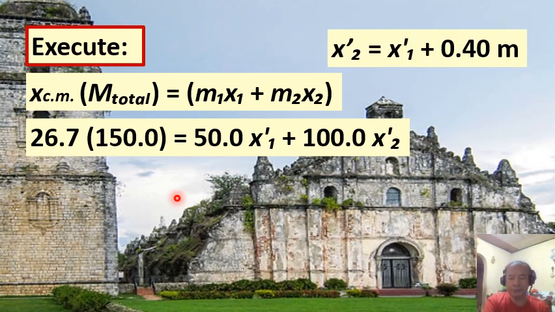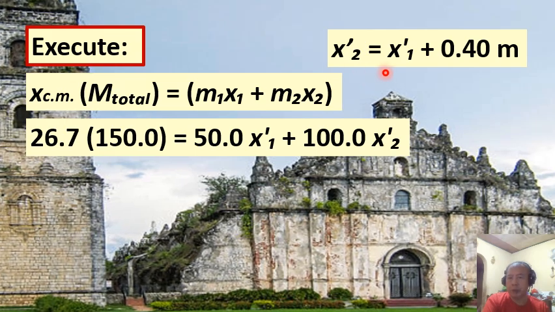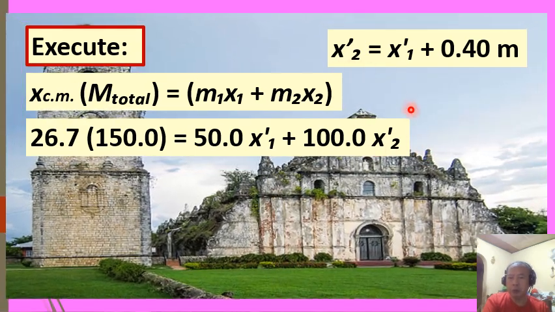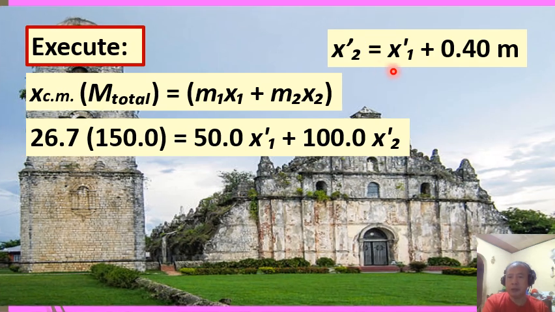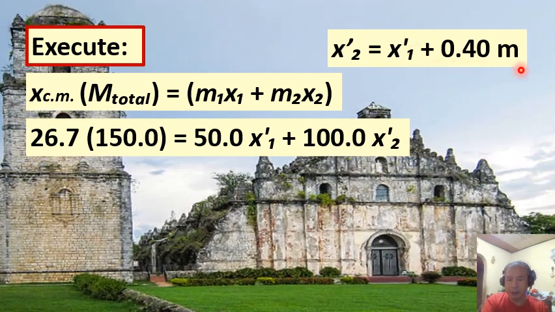Simplifying, by the way, we take note that x prime 2 is actually equal to x prime 1 plus 0.40 meters.